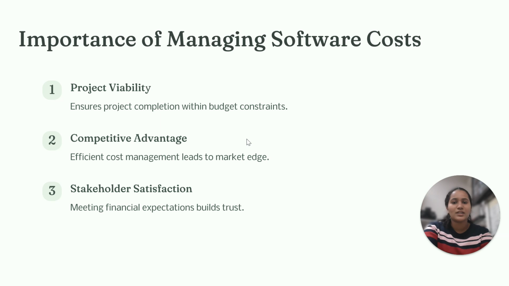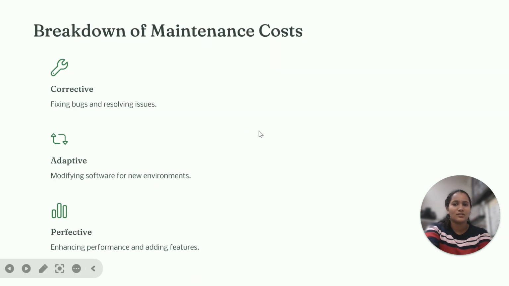Then comes, what are the types of maintenance costs? There are three: corrective, adaptive, and perfective. Let's discuss one after the other. What is corrective maintenance cost? Corrective maintenance refers to the process of locating and rectifying defects or bugs after deployment.